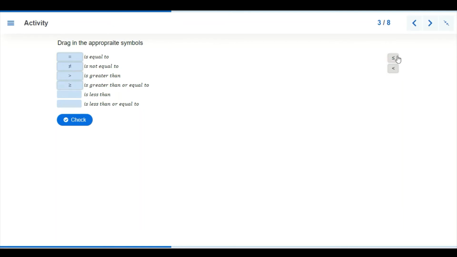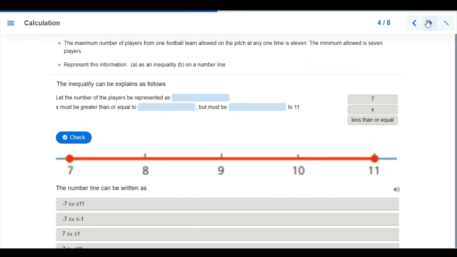We have less than or equals to, and this should take less than or equals to 5. And this is less than. So we have less than here as the right answer. Let's check. Those are the symbols we use while calculating some questions, and also under inequality.